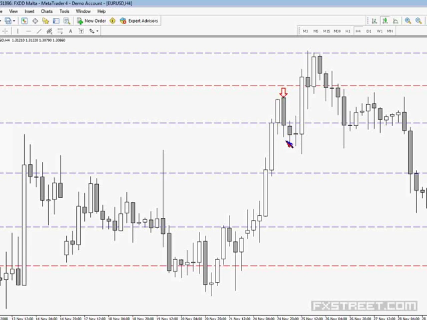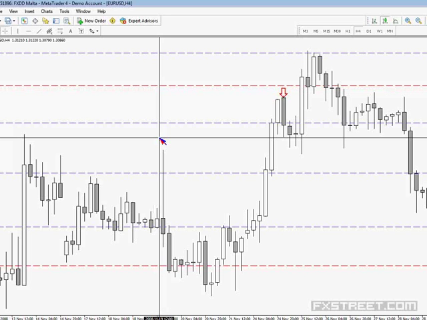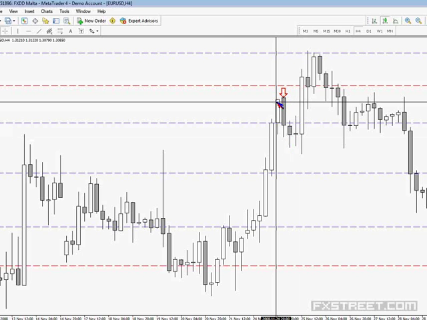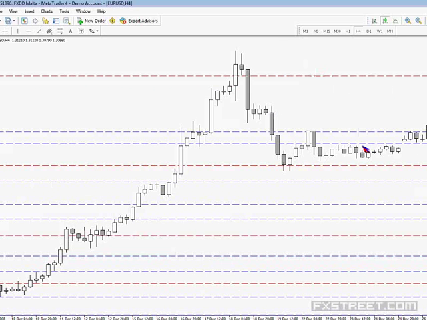In fact, it did fall. I would have had my stop loss up here at 1.2965, my sell stop here at 1.2846, and you can see it never made it to the next zone here. That would have been a losing trade, a break-even trade at best, most likely a losing trade. So that's an example of a trade where you're expecting it to break, and then you'll see other situations where you're expecting the market to reverse.